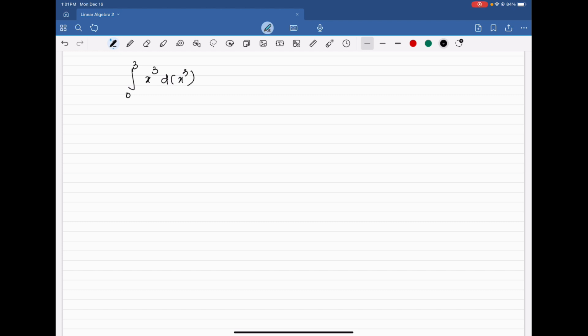Integral 0 to 3 of x cube d(x cube). This also you try. That means d need not be dx only. It can be anything. I can differentiate a function or I can integrate a function with respect to anything. That's what is called a substitution.